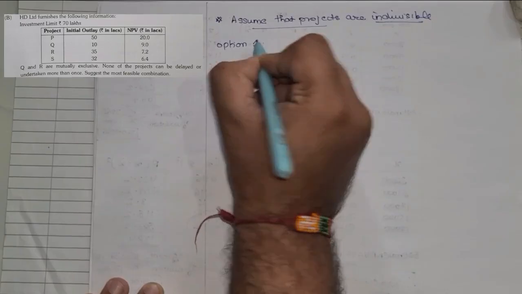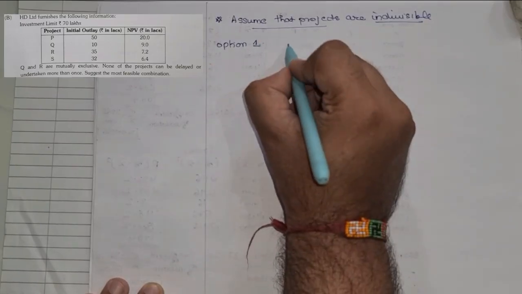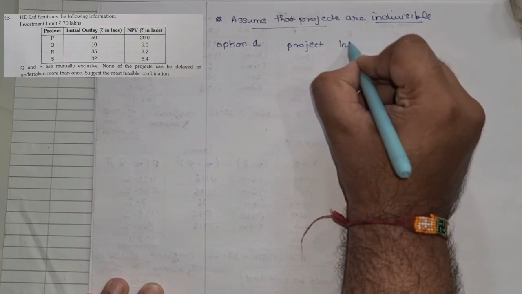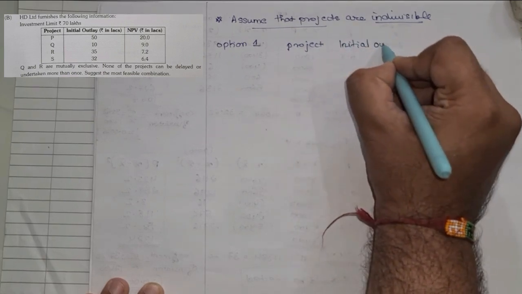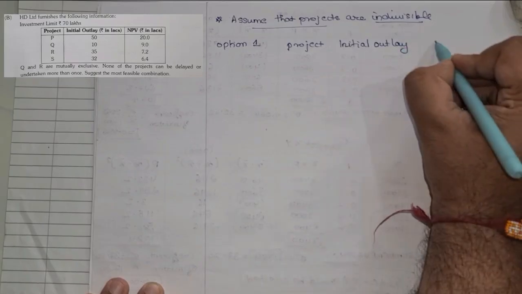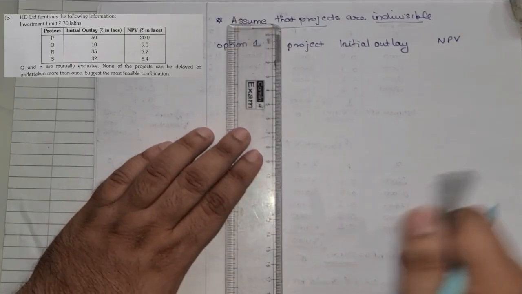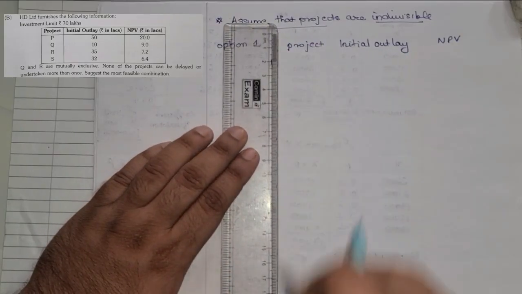Option 1. Columns will be like, we'll have the projects, we'll have the initial outlay, and we'll have the NPV. Okay, so I'll just make a column kind of.